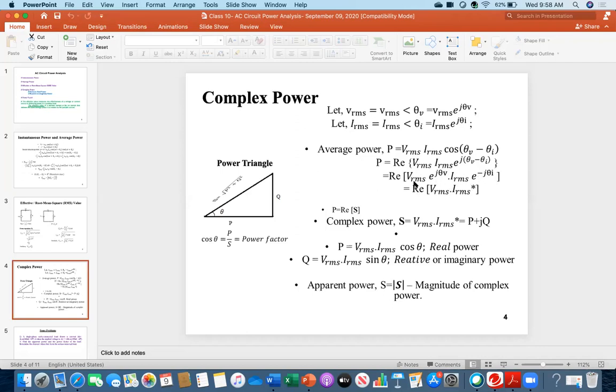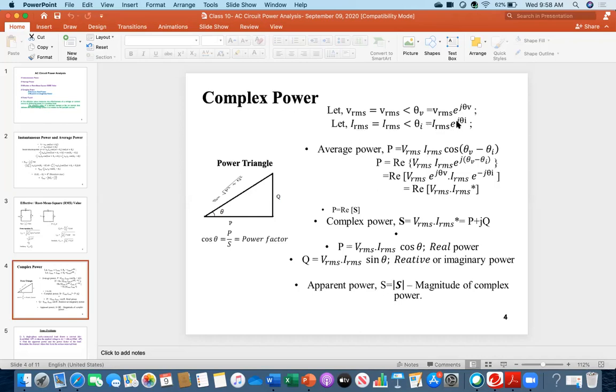Now everybody see the first portion, VRMS e to the power j theta V. This portion is the phasor VRMS. But you see IRMS e to the power minus j theta I. What was my original definition?